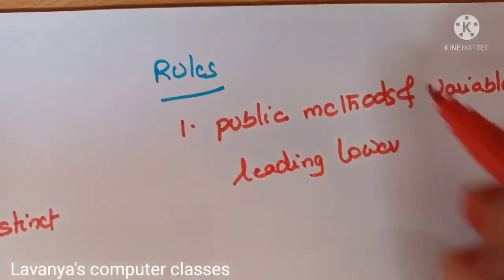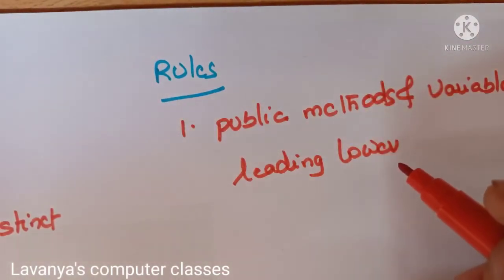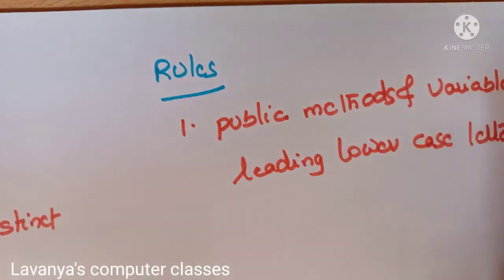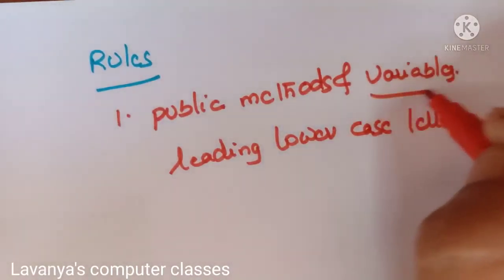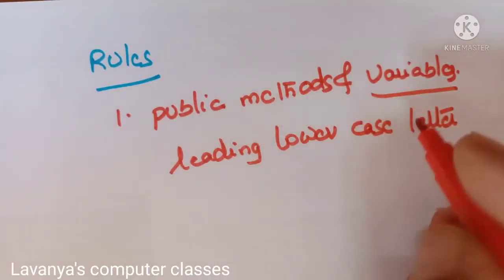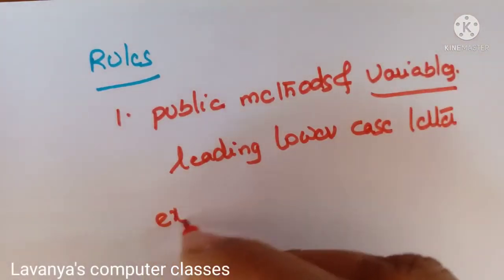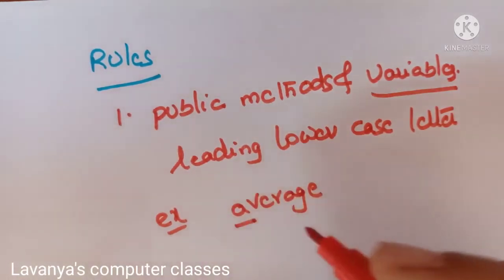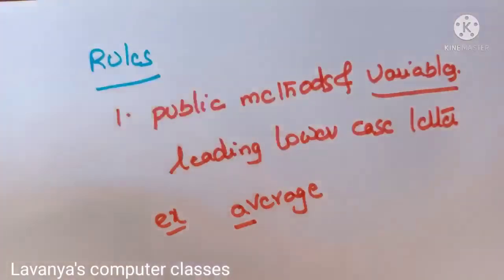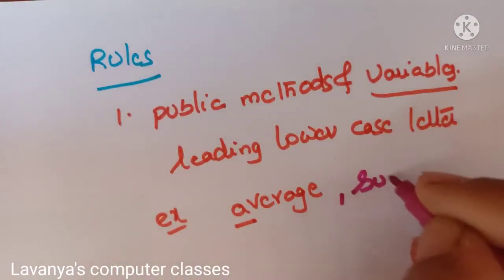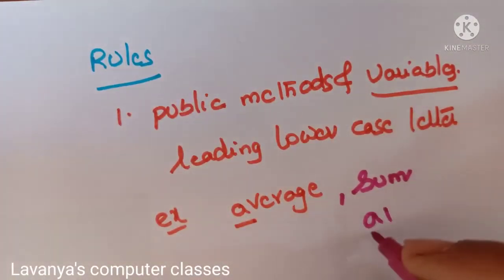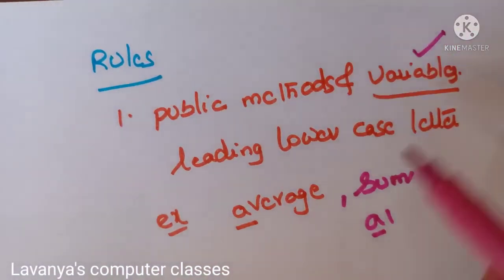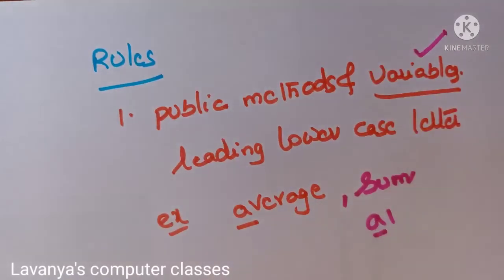For all variables, you have to keep a leading lower case letter, because, as I already said, lower case is different, upper case is different. For example, average is a variable, so the first character is a small letter. Sum is also a small letter. A1, A is a small letter. Like this we can give the names. For variables, the first character should be a small letter.